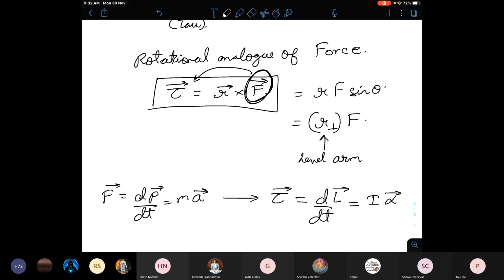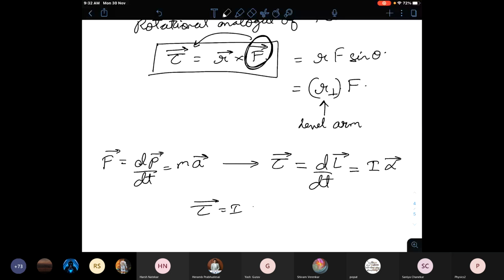Again it is similar to angular momentum, which could be defined in two ways, using linear values or angular values. When you have linear force and the r vector, you can use the first formula. When you have angular values like moment of inertia and angular acceleration, you can use I alpha.